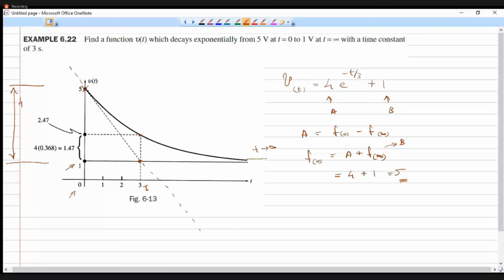So when you plot this towards the left, we will get this height. This height is nothing but 4 into 0.368. So what is this? This is our e power minus 1. So this way you can find out the value of this function at a point equal to tau.